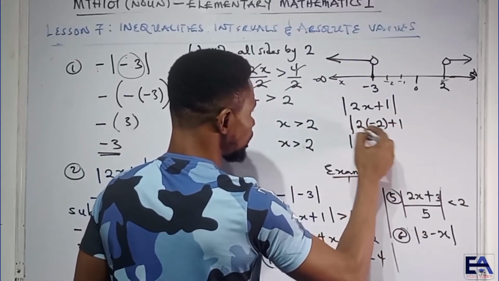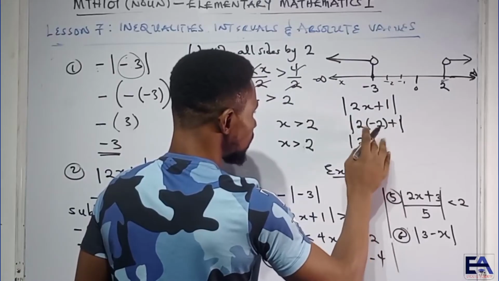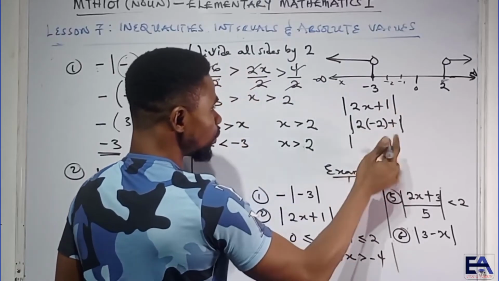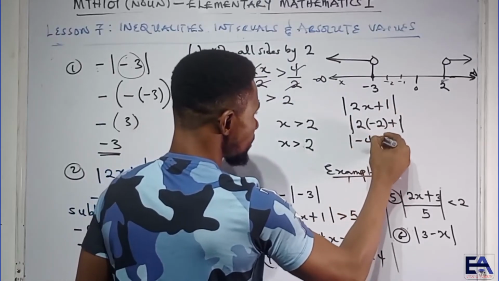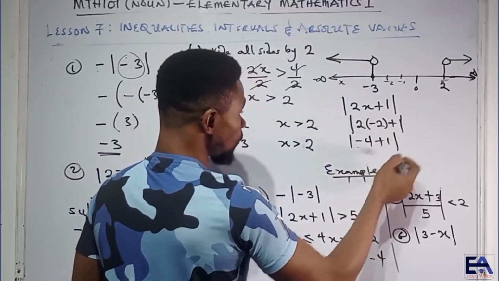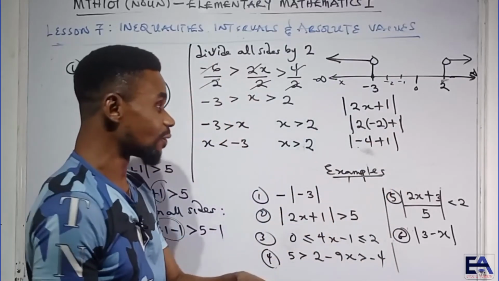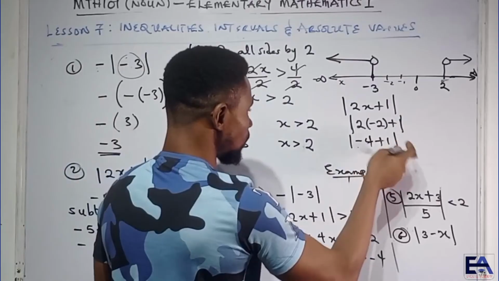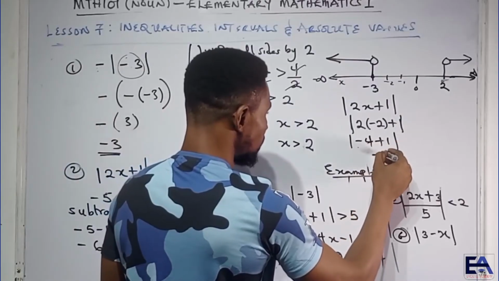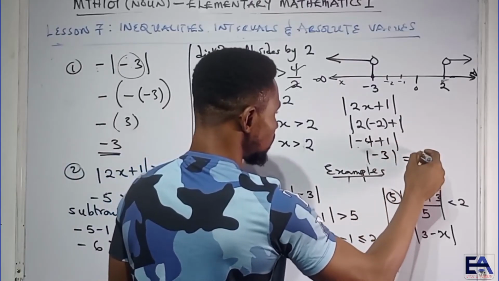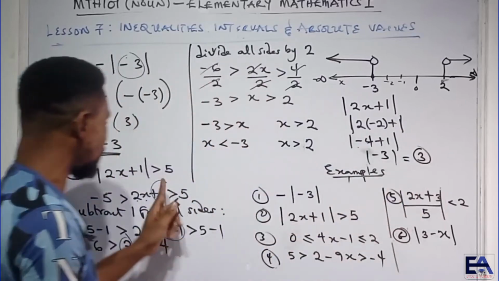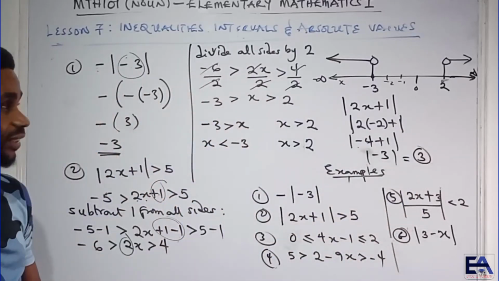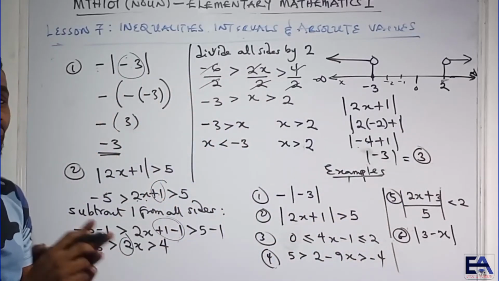Absolute value of 2 times -2 will give you -4 plus 1. So -4 plus 1 means I owe 4 and I have 1. So if I pay the 1, I'm still owing 3. So absolute value of -3 is going to be equal to 3. Is 3 greater than 5? No. You see that mathematics does not lie.